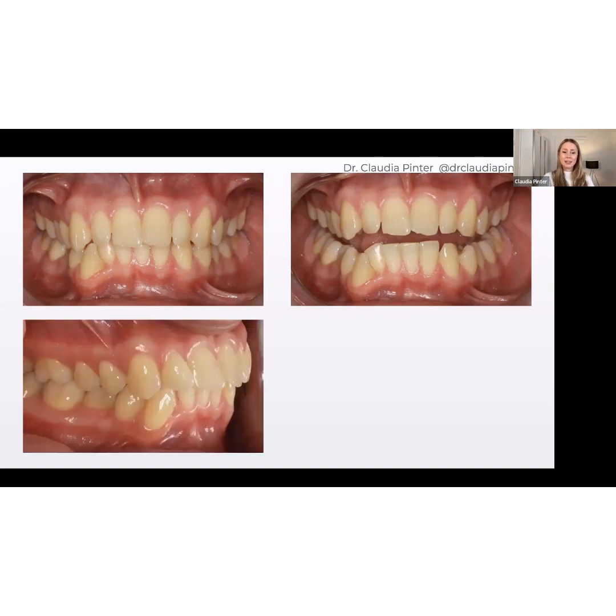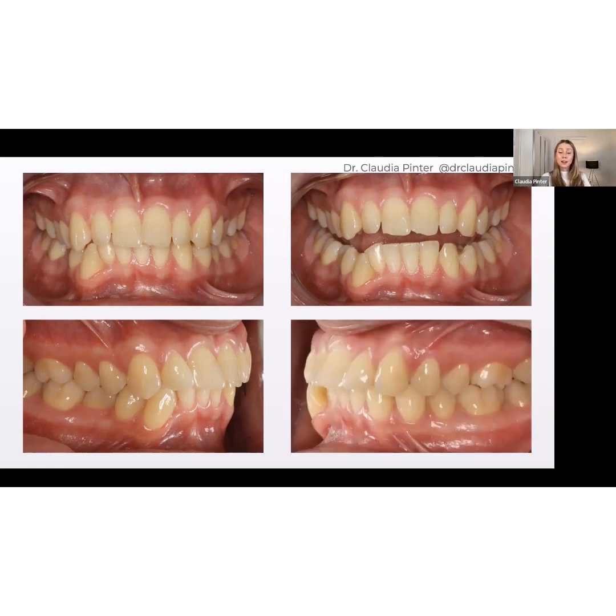Right side, the canine is completely outside the arch, completely tipped forward. And it's also clearly visible how the upper incisors are proclined. Here on the left side, you can actually see the lingual surface of the canine in the closed mouth.